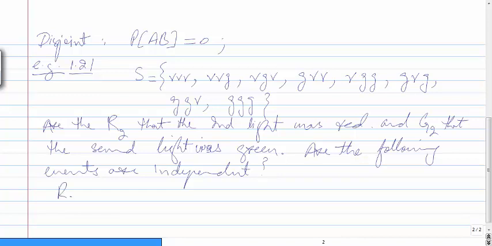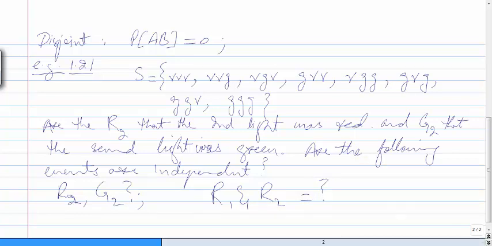First they want to know about R2 and G2, then they want to know about R1 and R2. So this is the question we have to solve for these events.